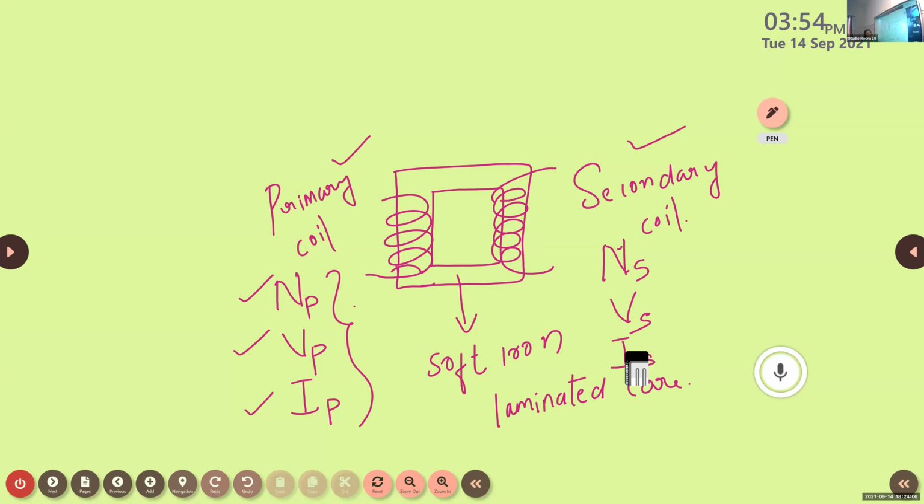Now, depending upon whether the transformer is used to increase or decrease the voltage, we can classify the transformer into two types.